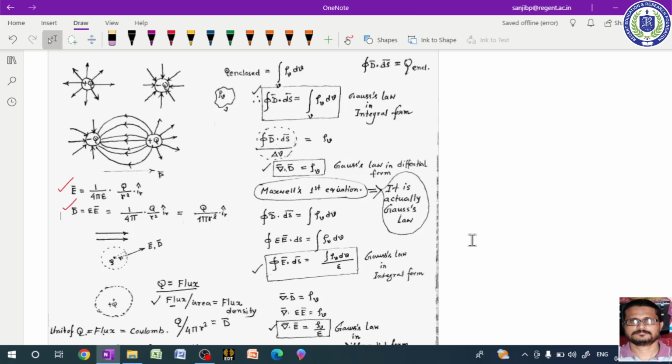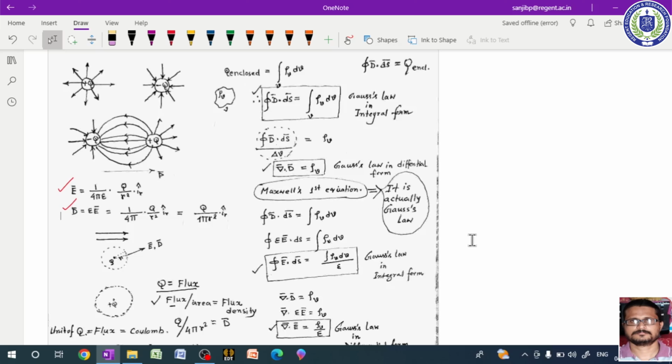Now the question is how much flux will come out from that charged body? The answer is the total charge. If we consider Q, then the flux coming out from that body is also Q. The same amount of charge comes out as flux.